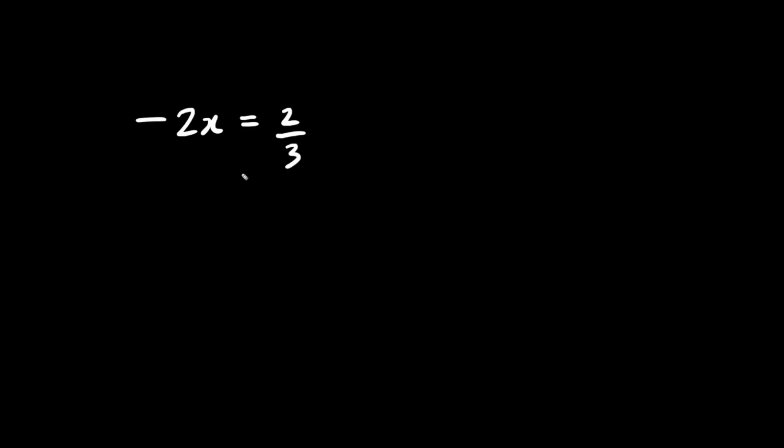One way to solve this equation is to divide both sides by negative 2. So what we have is, when we divide negative 2x by negative 2, these cancel. But we also have to divide the right part by negative 2 as well.